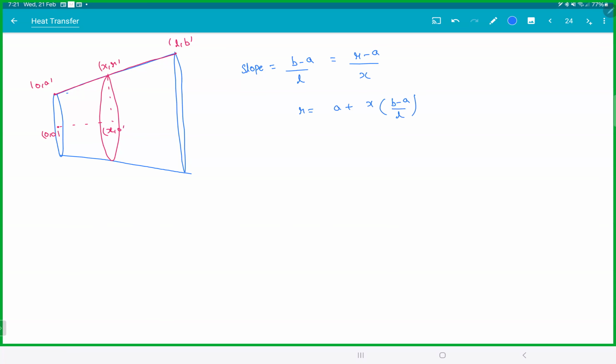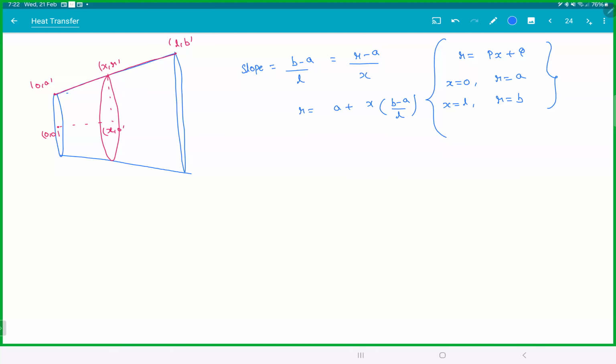This is one way to do it. Sometimes it doesn't strike, but since I know it's a linear function, I can write r equal to px plus q. When x is equal to 0, r is equal to a. When x is equal to L, r is equal to b. This also gives the same answer. Either find the slope of the line or use the linear function.